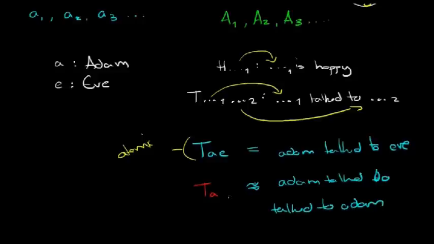Right, we haven't got 2 things here to show how they coordinate with the translation. But aside from that, those aren't sentences with truth values. Adam talked to doesn't make sense in isolation. We need a someone that was talked to. And similarly, talked to Adam doesn't make sense unless we know who it was that talked to Adam.